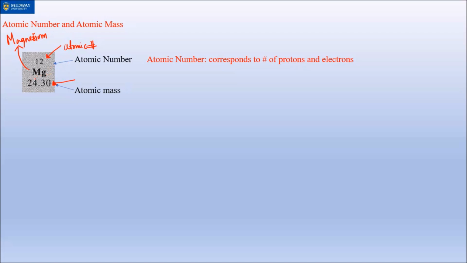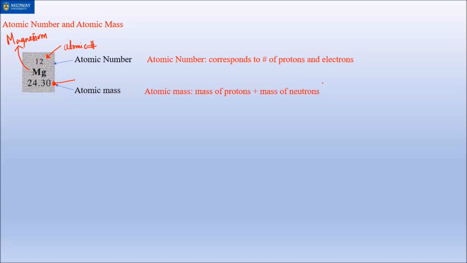I don't care, because this is an online environment, so I can't control what you do, but I will not test you on the symbol and the name of the element. An atomic number corresponds to the number of protons and electrons. What do I mean by that? For instance, magnesium is 12. I have a statement here that says atomic mass corresponds to the mass of protons plus the mass of neutrons.